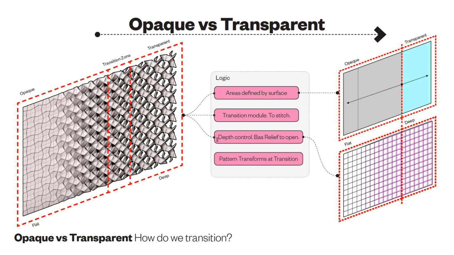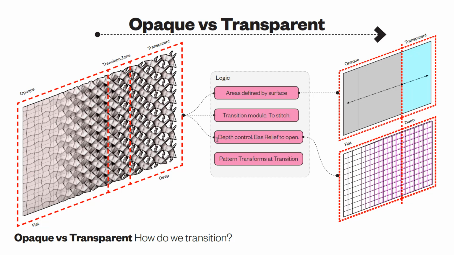All right, so how do we transition from opaque to transparent? I have no idea. But no, we're basically setting this up by defining each area by a surface. We're drawing a surface where the patterning needs to be opaque and where it needs to be transparent. In between is the transition between the two, where we have our stitching tiles.